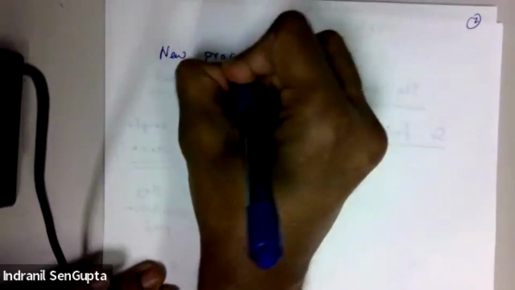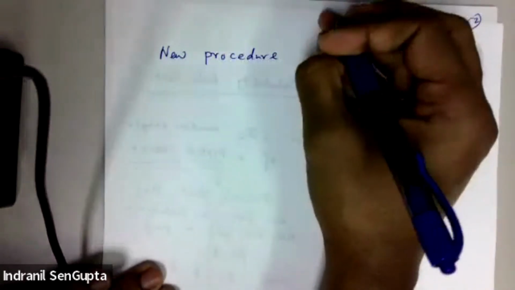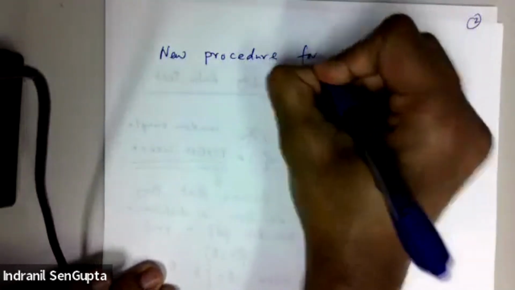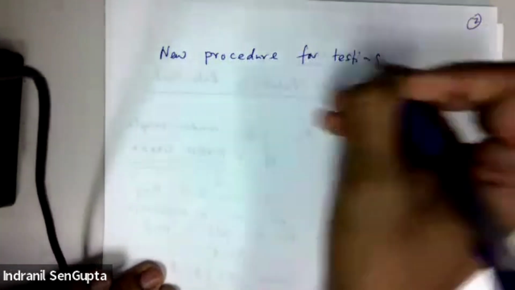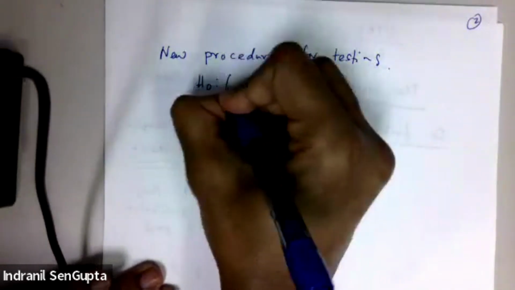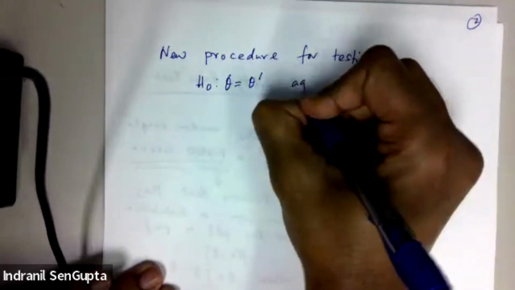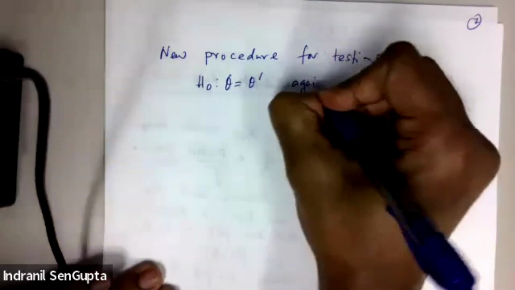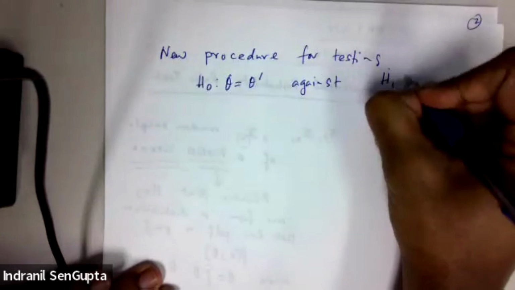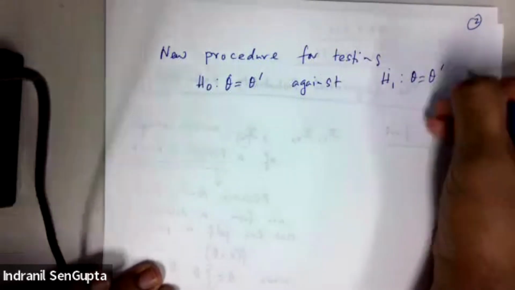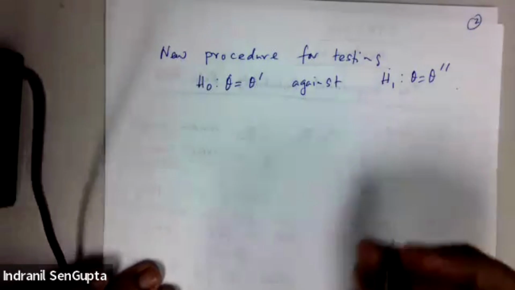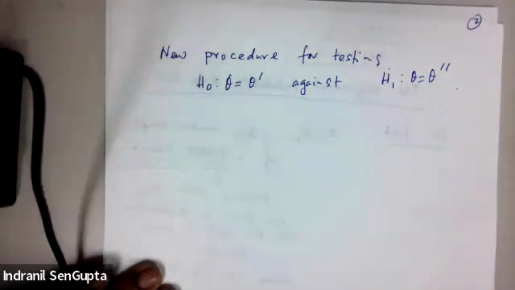All right, so let's see what we do with that. So now, the new procedure for testing the null hypothesis H0, which is theta equals theta prime, against, so that's a simple hypothesis, against another simple hypothesis, H1, which is theta equals theta double prime. So let's discuss this new procedure.